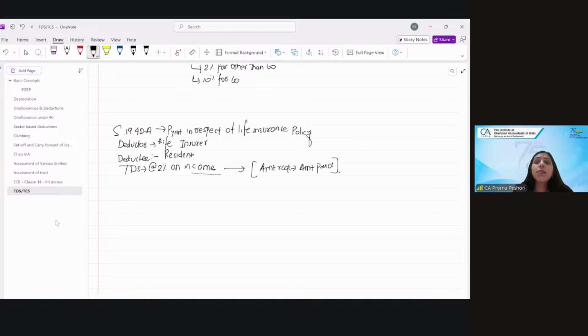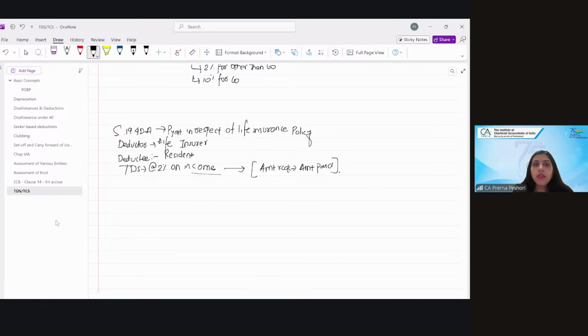Because this is the sum, 2% on the income. However, no deduction shall be made if the payment is less than 100,000, which means what? Sorry, 1 lakh rupees. Clear?